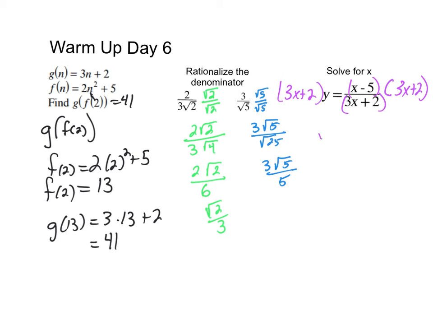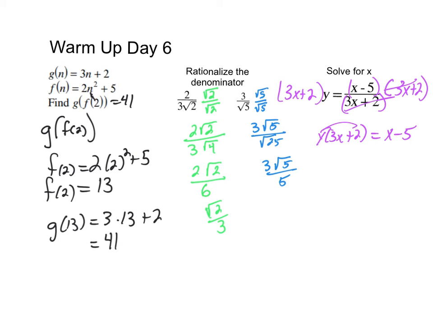So that gives me y times 3x plus 2 equaling x minus 5, because those cancel. Now, think of it like this. Let's get rid of our factors of y and 3x plus 2. Let's get terms on both sides, just terms, not factors.